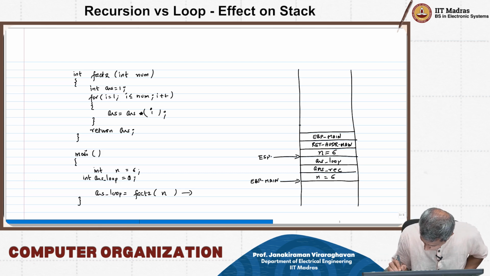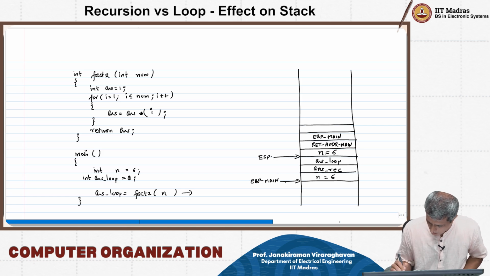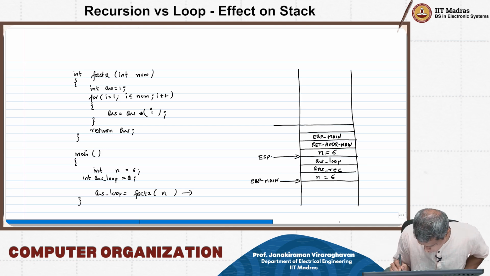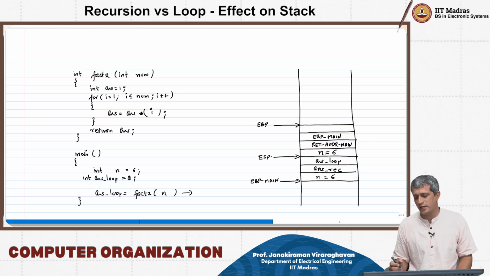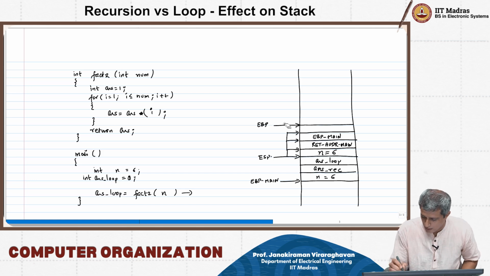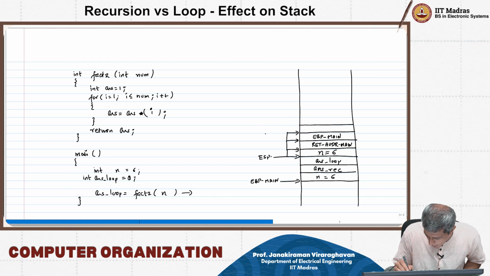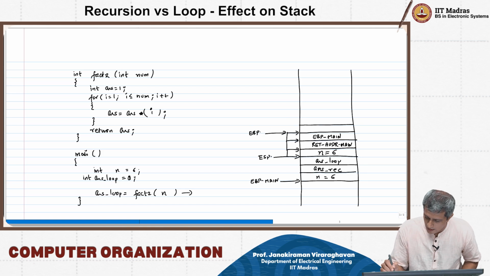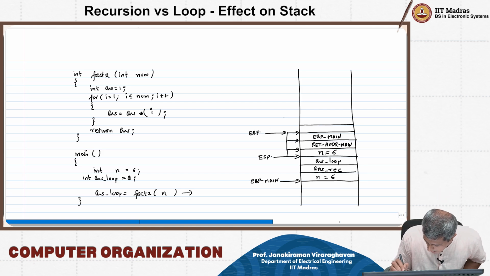Okay, and then your EBP will be made to point here, through the move EBP comma ESP, because every push you have moved ESP like this, and therefore EBP main will be made to point here, EBP, and then you have subtracted ESP by 8, and therefore this is where ESP will be.